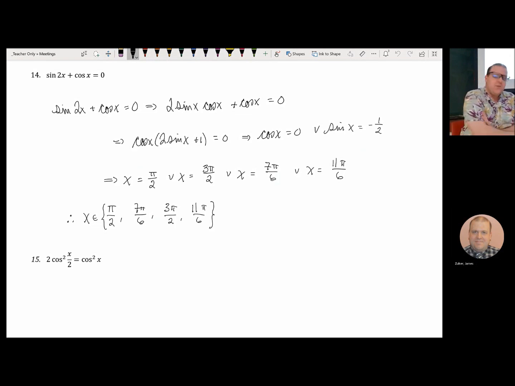Two cosine squared x over 2 is equal to cosine squared x. And we have a problem. They're different angles.